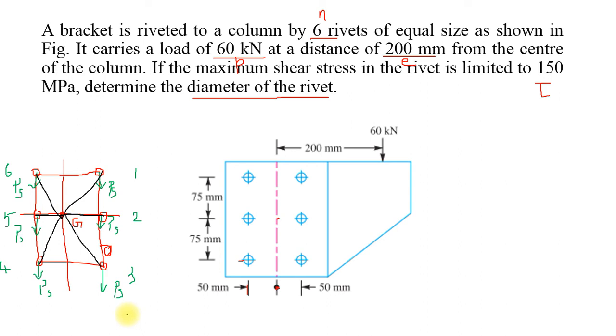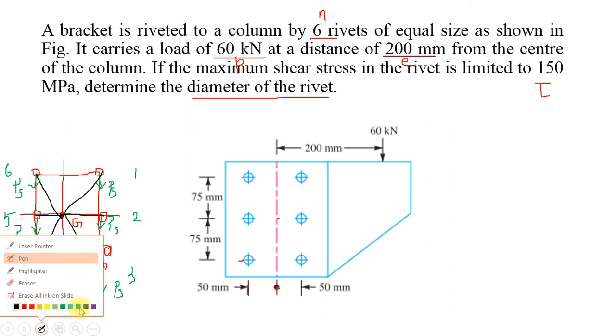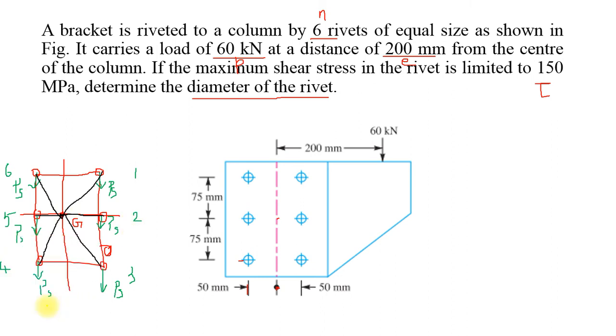As I told in my previous problem, you can see here this is the line from rivet 1. The secondary shear load will be acting perpendicular to this particular line. So this is my perpendicular line. I hope that color is not visible, so let me go with the other color.